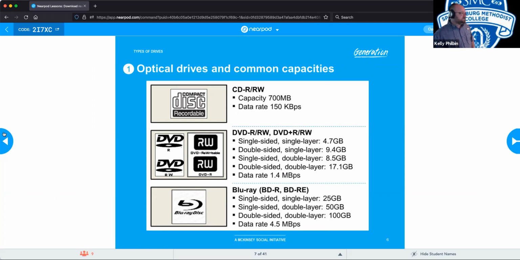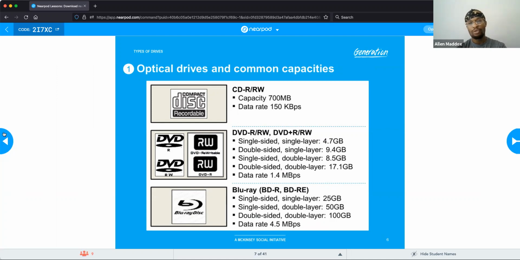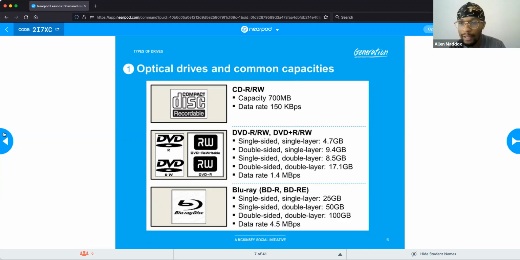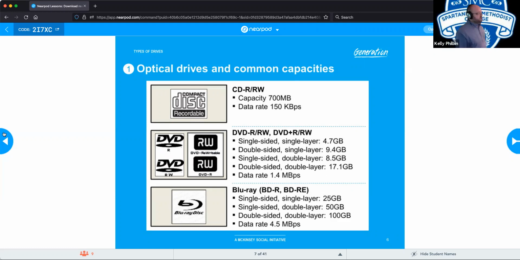Yes, Alan. Video game drives, that would kind of be a part of the optical, or that's something we're going to cover later on in this tech session. What kind of drive? Like the optical drive for a PlayStation? Well, the optical drive for a PlayStation is just a Blu-ray. So they are utilizing these technologies. Xbox used DVD up until the most recent iteration.